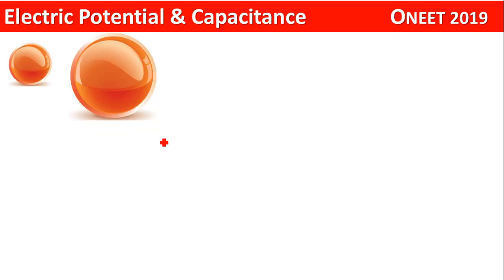Let us take one sphere of radius r and another sphere of radius 2r, both having the same surface charge density sigma. Even though the surface charge densities are the same, the charges will be different on the different spheres. Since sigma is charge per unit area, Q is equal to surface charge density times area.